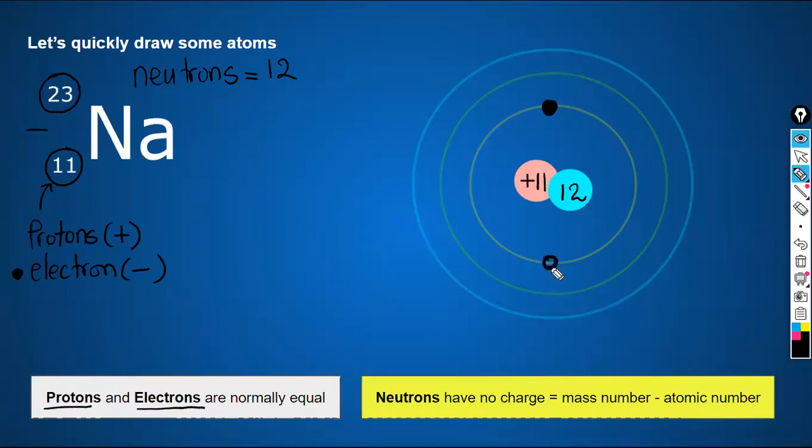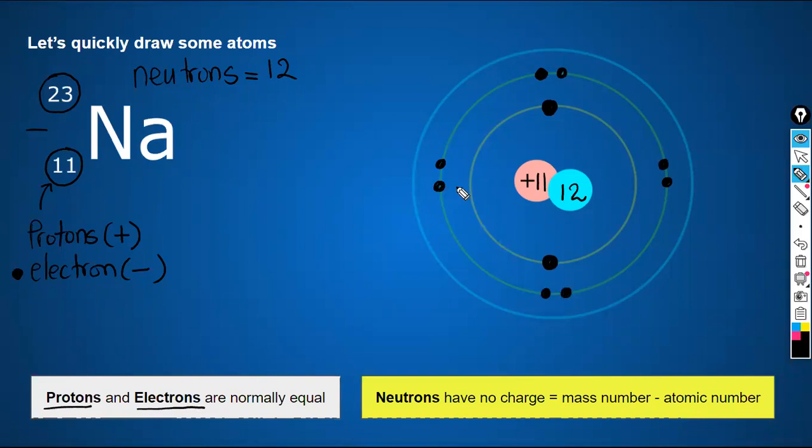And after the first one, the rest of them can hold how much? 8, right? So you all remember. So for the first shell to be filled, once it has 2, it is filled. So we have 2 so far. The next shell can hold up to 8. 1, 2, 3, 4, 5, 6, 7, 8.